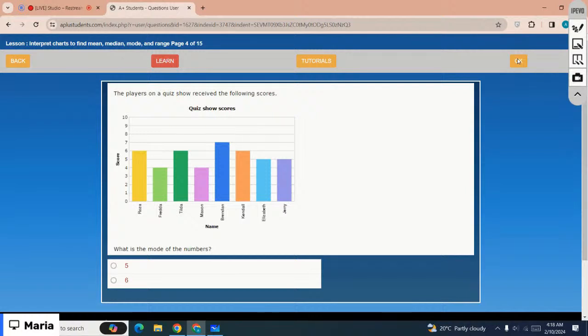So the mode of the data is, yes, that is 6, right?